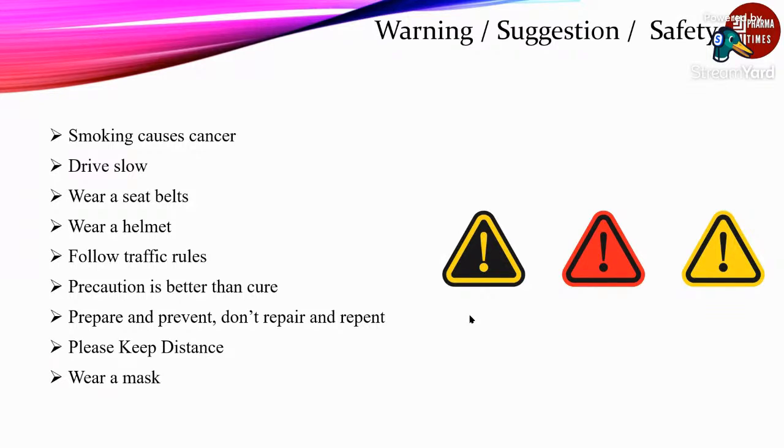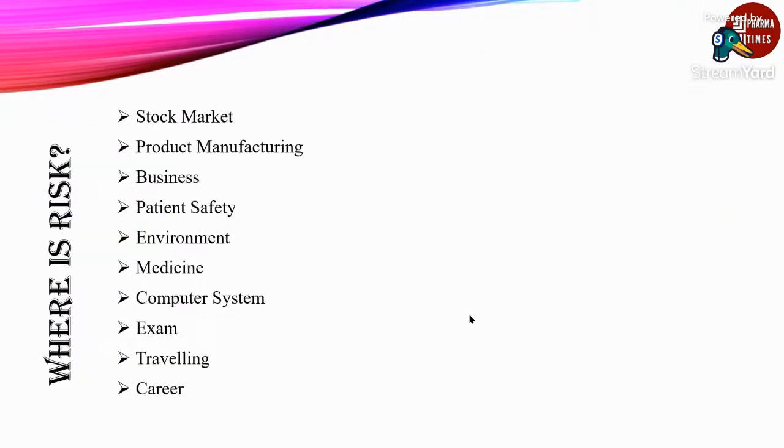So how did these suggestions come into the picture? Why is it required to control something to save life? That's why these suggestions, safety measures or warnings are there. So where is the risk in day-to-day life?